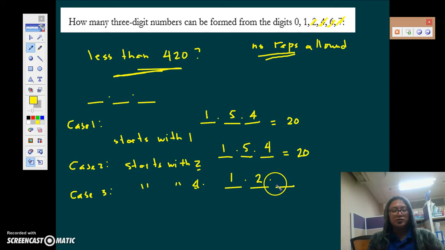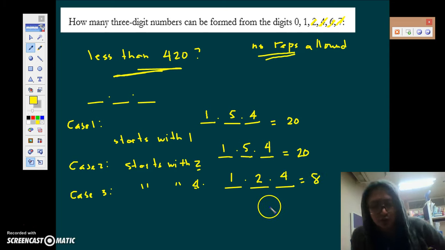And lastly, for the units digit, we have selected 2 digits here, so we can now select all the others. We cannot pick 4, or any of what we've chosen within 0 and 1. So this would be 4, and so 8 ways.